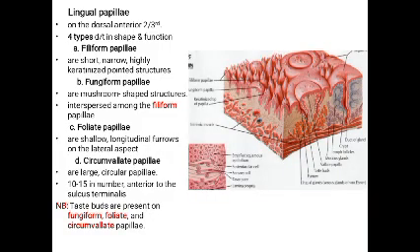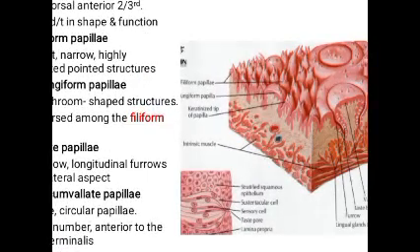Lingual papillae on the dorsal anterior two-thirds: 4 types, different in shape and function. 1. Filiform papillae are short, narrow and highly keratinized, pointed structures. 2.